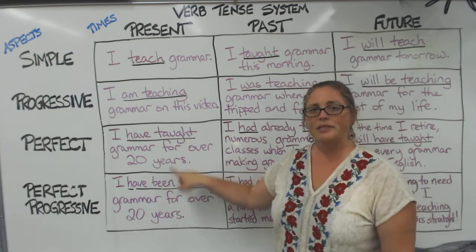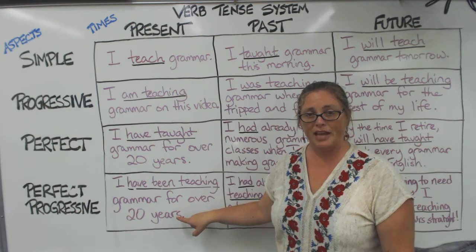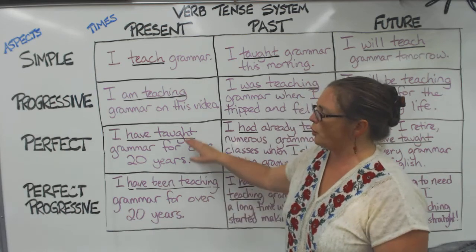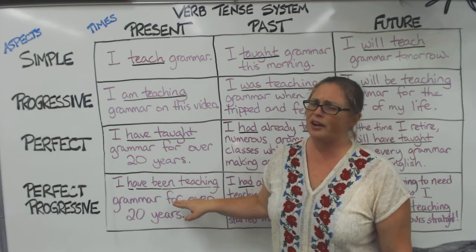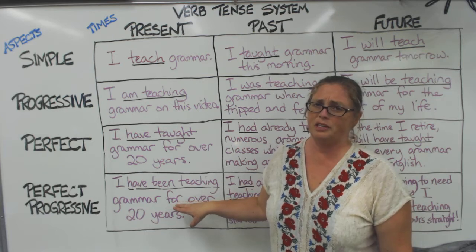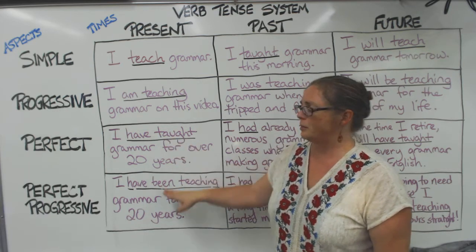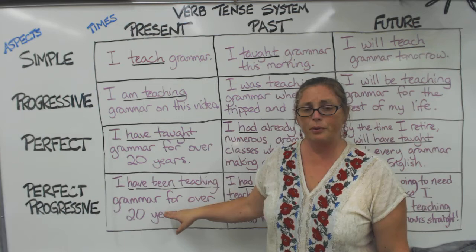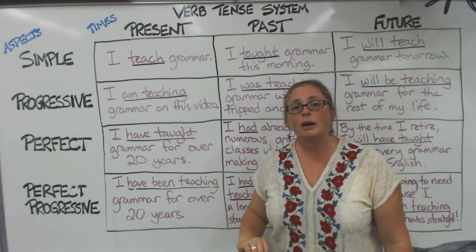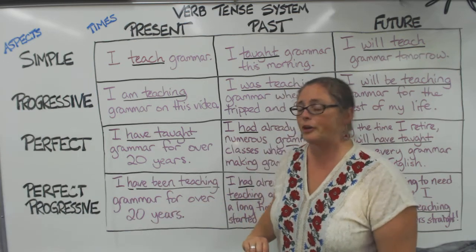I chose the same sentence here with different verb tenses to show that sometimes there is very, very little difference between using the present perfect and the present perfect progressive. However, sometimes it does make a difference.